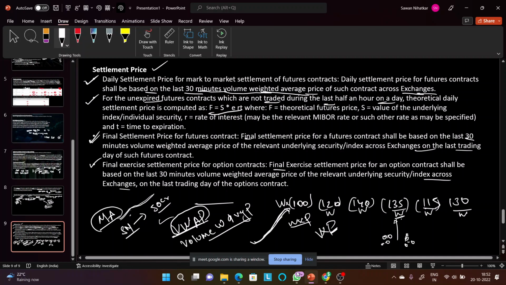Like if I realize that prices are just rising like this, in that case that will become very misleading for me. So did you understand this?